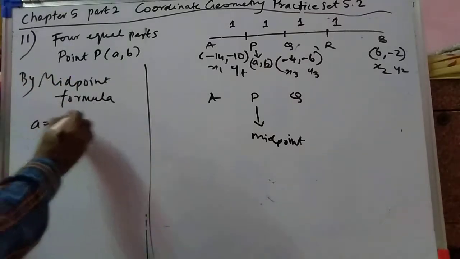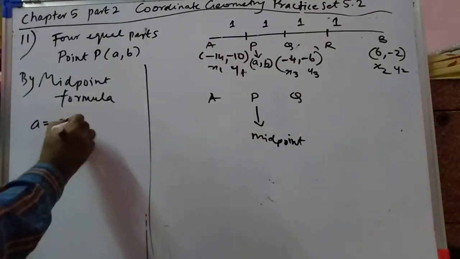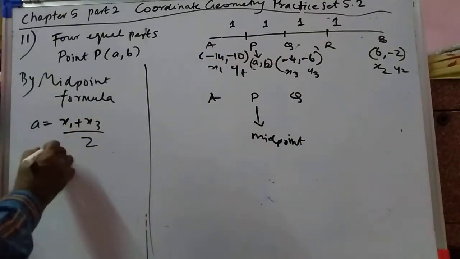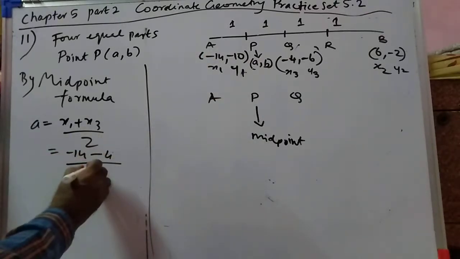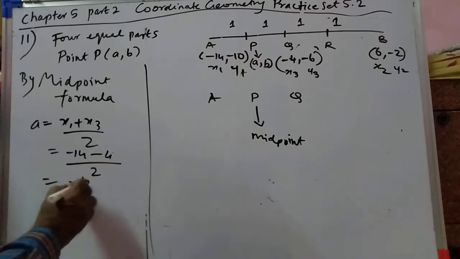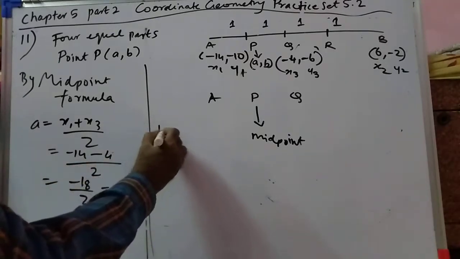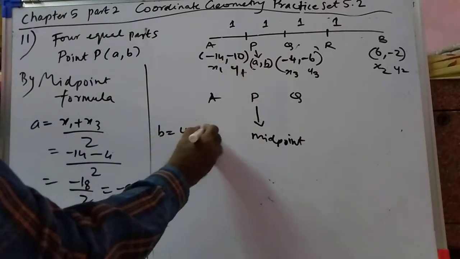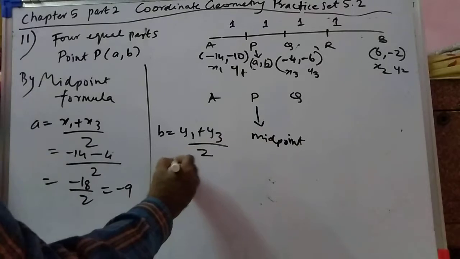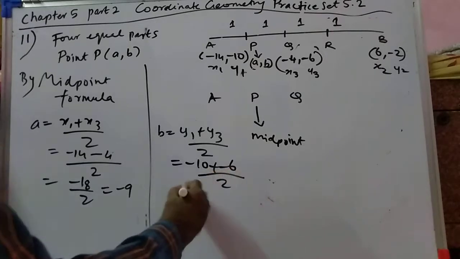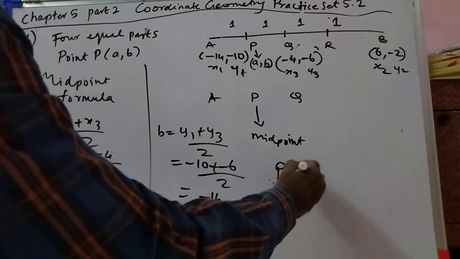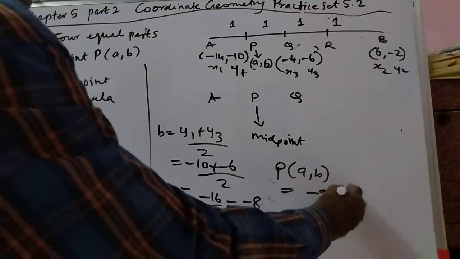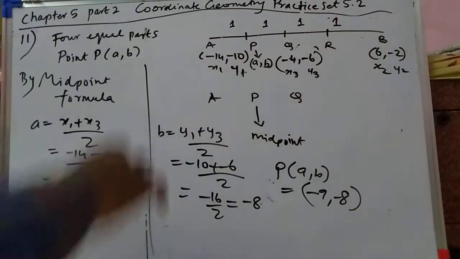A is equal to x1 plus x3 upon 2, that is minus 14 minus 4 upon 2. So it is minus 18 upon 2, so it is minus 9. Calculate B. B is y1 plus y3 upon 2. y1 is minus 10 and y3 is minus 6, upon 2. So that will become minus 16 upon 2, so that will become minus 8. So point P, A comma B, is equal to minus 9 and minus 8.